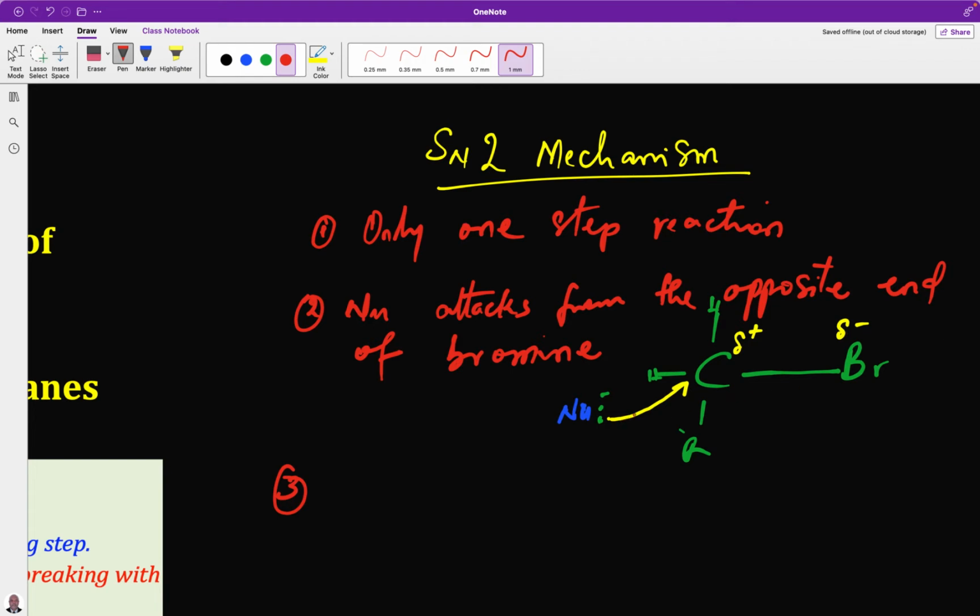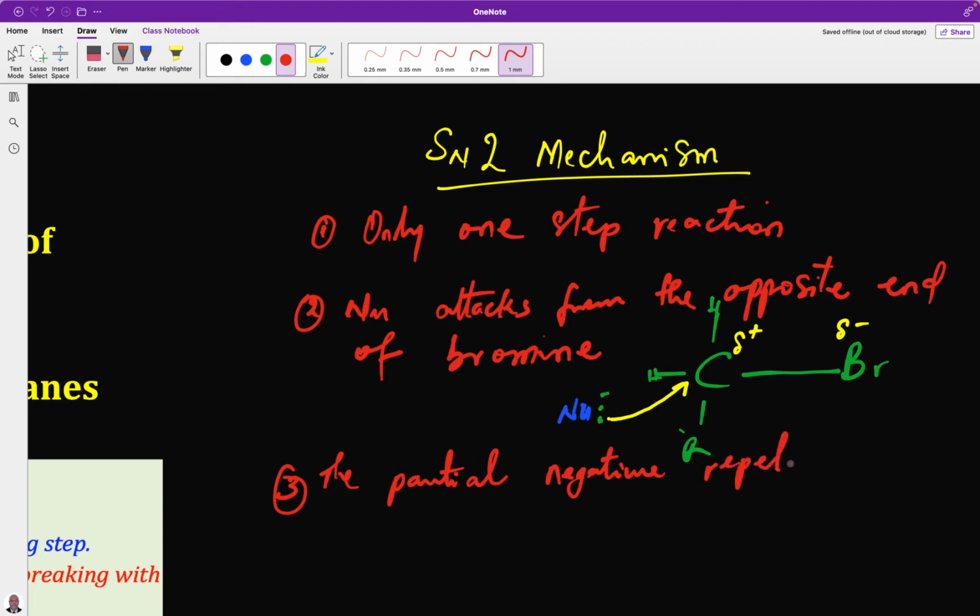That's another reason. It will repel or hinder the attack from its side. So number 3 will be the partial negative bromine.